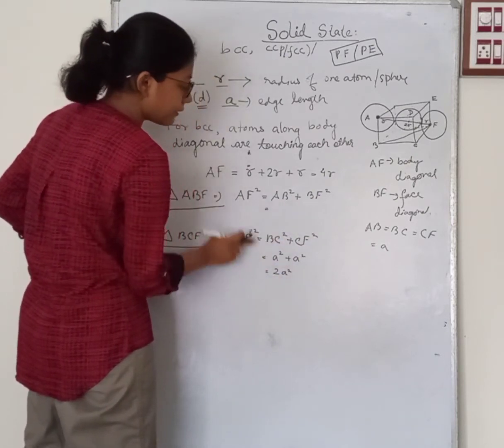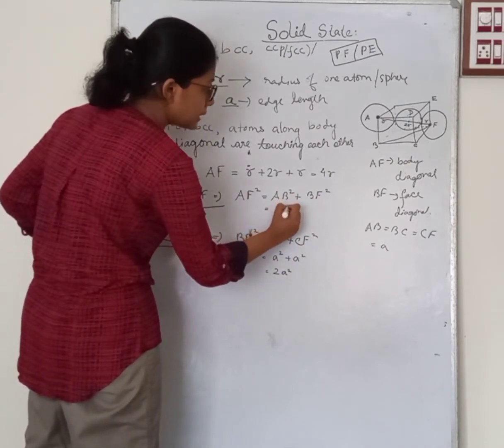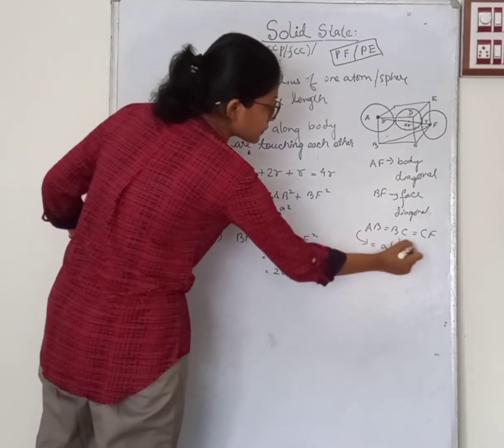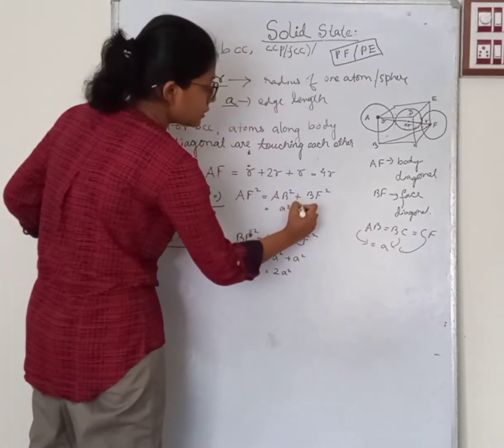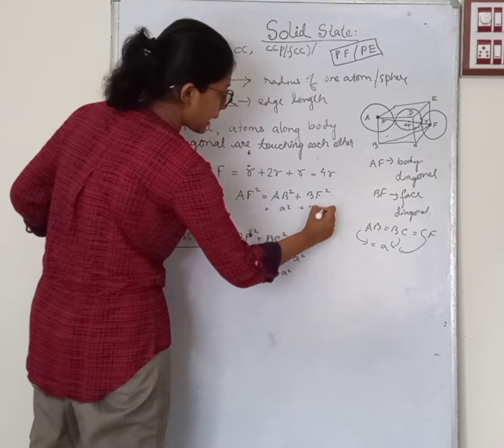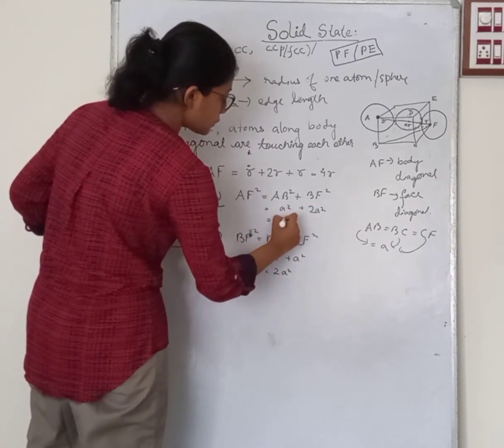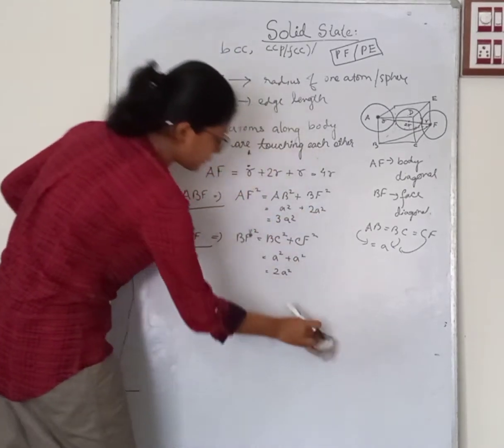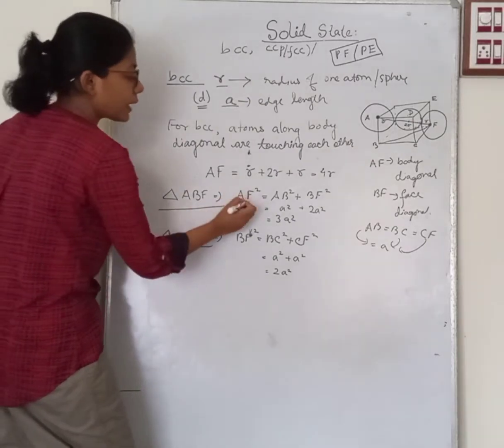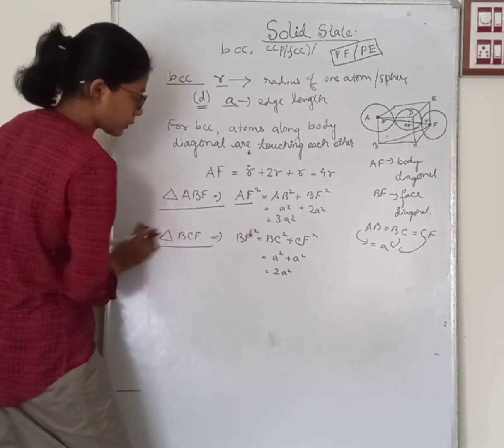So now AB square is equal to A square, and BF square is twice A square, so we will have 3A square. So AF square is 3A square.